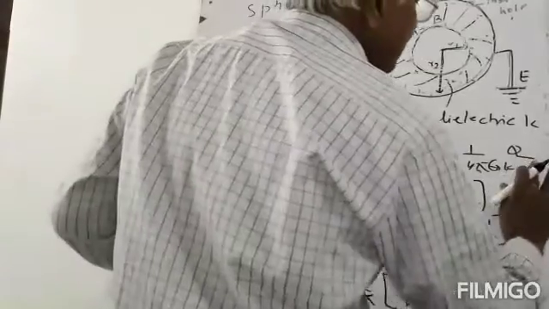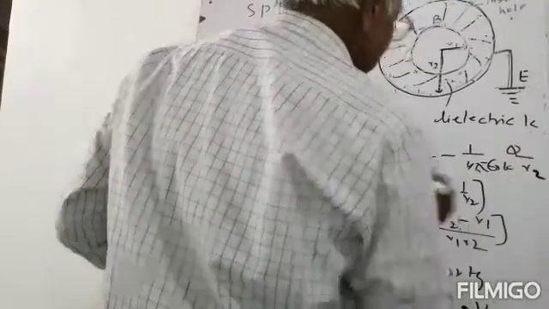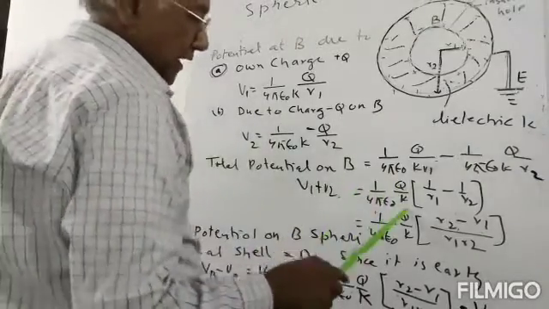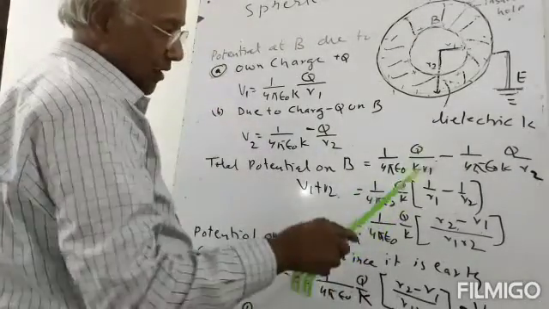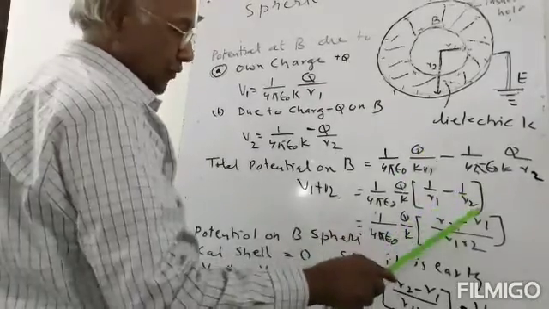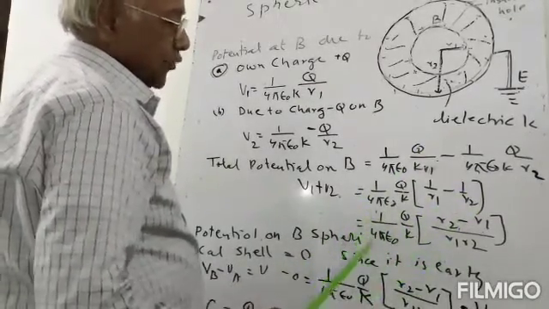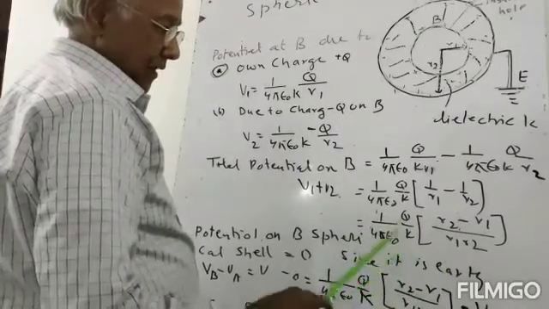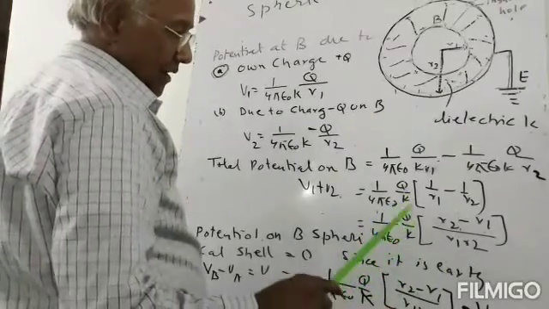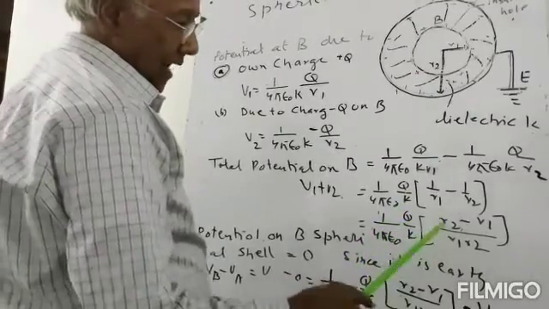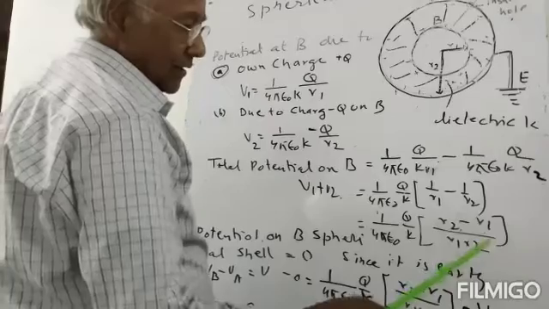So if we take 1 by 4 pi epsilon 0, Q by K constant common, then it is equal to 1 by R1 minus 1 by R2. So we take the LCM, then 1 by 4 pi epsilon 0 K, and in the numerator there is a capital Q, R2 minus R1 by R1 R2.